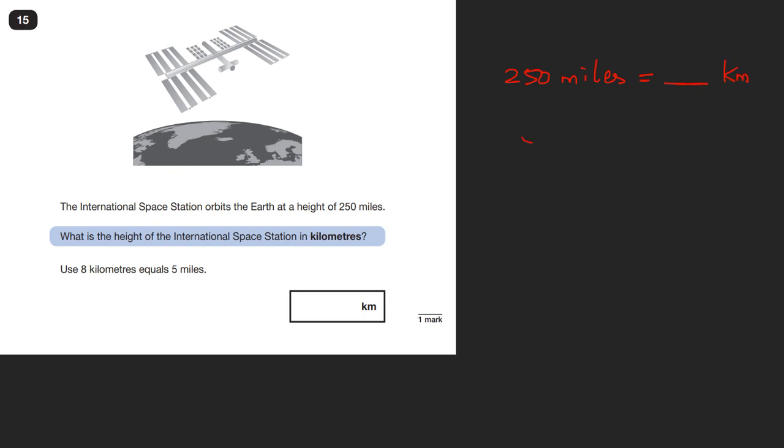The information given: 5 miles. If you read the question carefully, they give 5 miles is 8 kilometers. 5 to 250, it's times by 50. So do the same thing, times by 50, and 8 times 50 is 400 kilometers, right? So 400 kilometers is the correct answer.